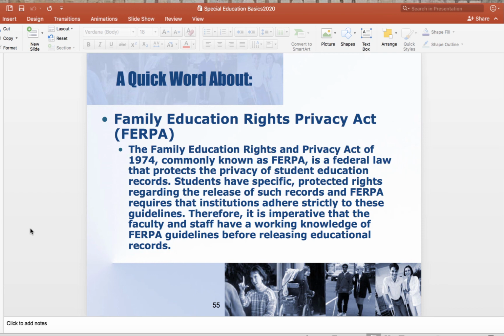If they have an educational need to know, then FERPA allows for that portion of their record to go to that person. But for the most part, you need to get consent from the parents to share records. Very, very important. It can get you in trouble if you don't follow through.